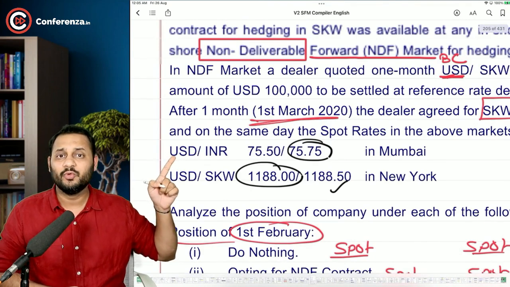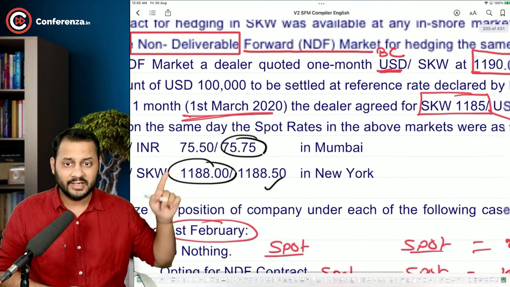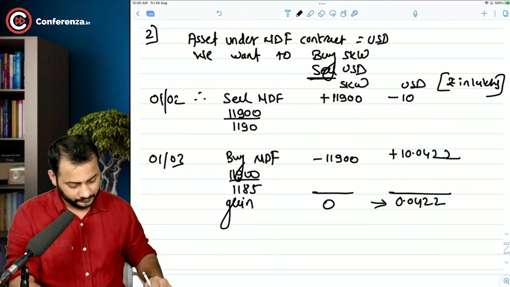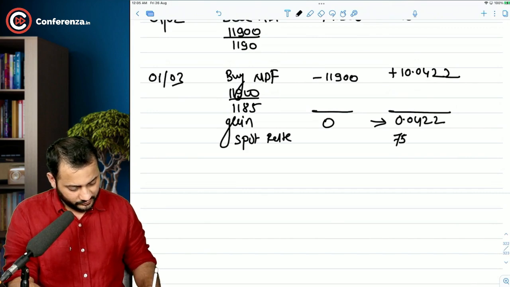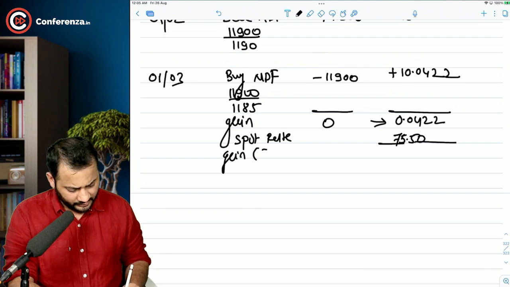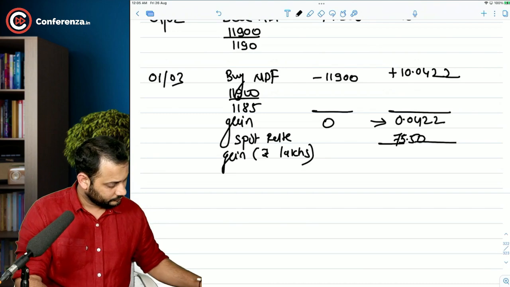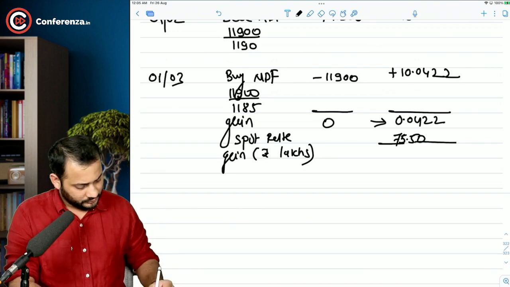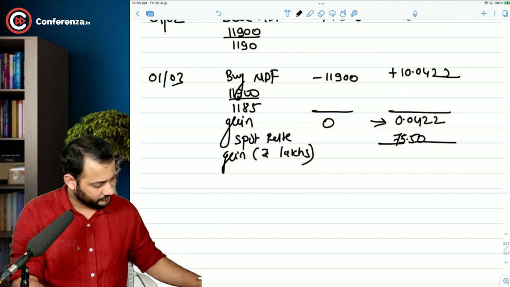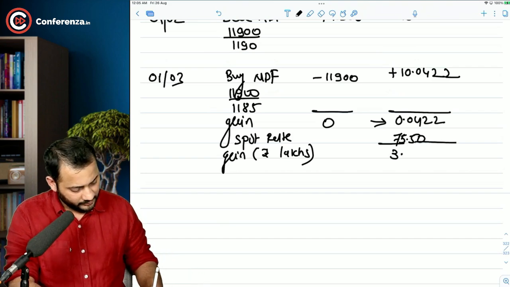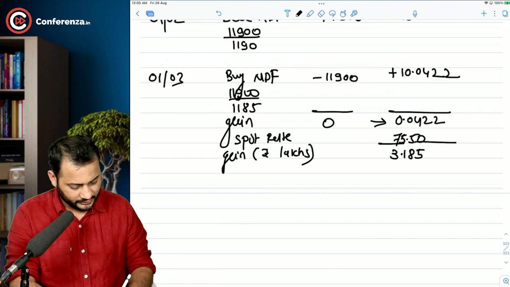You want to sell US dollar gain, the bank will buy it at 75.50, the spot rate. Gain in rupees lakhs: 0.0422 into 75.50 will be 3.1861.